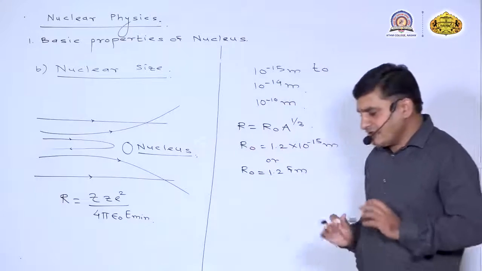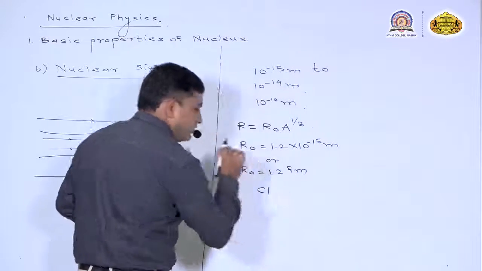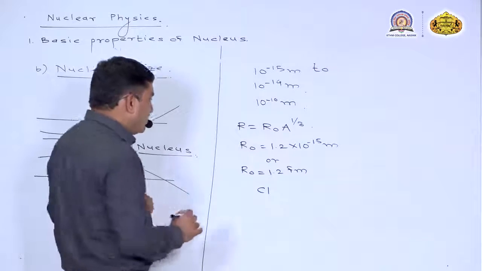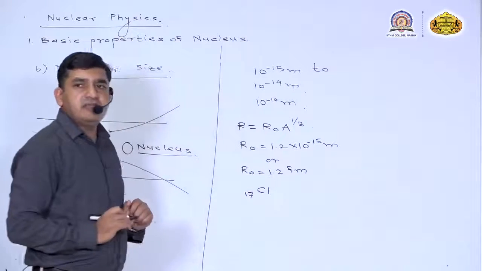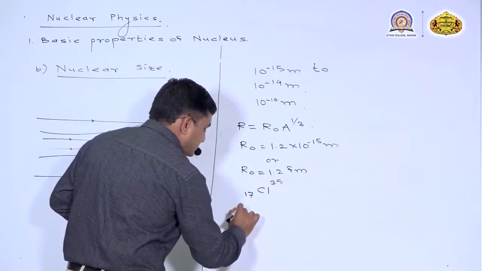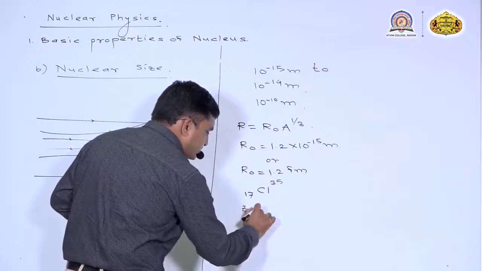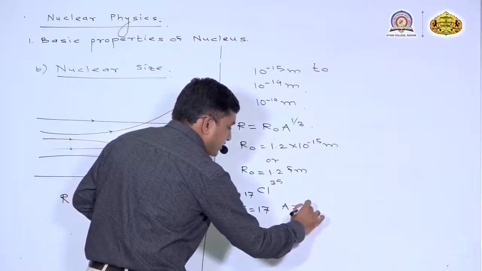If we consider one simple example, that is chlorine. Okay, the atomic number of chlorine is 17 and the mass number is 35. That is, Z is equal to 17 and A is equal to 35.